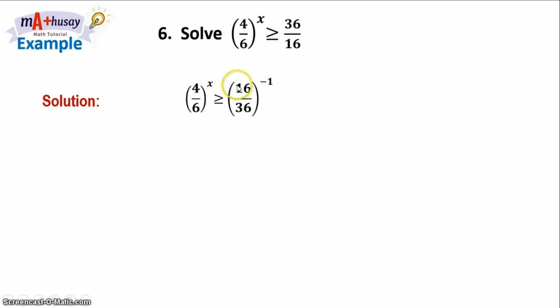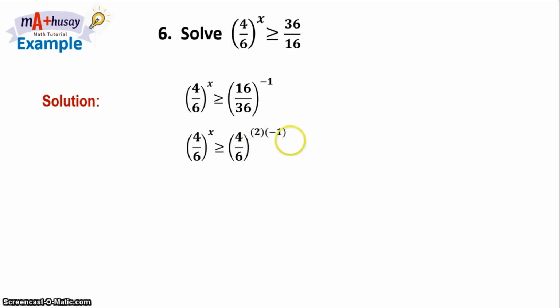So, yung ating 4 over 6 raised to x, ikakopy na lang natin. It should be greater than or equal to 16 over 36 raised to negative 1. Copying the expression sa left side, kung mapapansin ninyo, yung 16 over 36 ay pwede nating i-write into exponential form as 4 over 6 raised to 2.